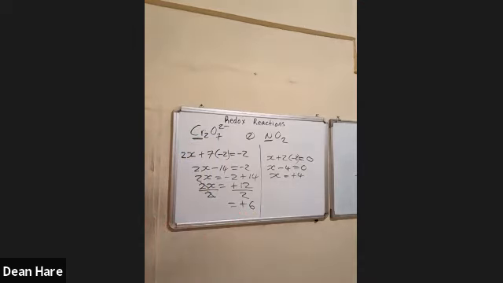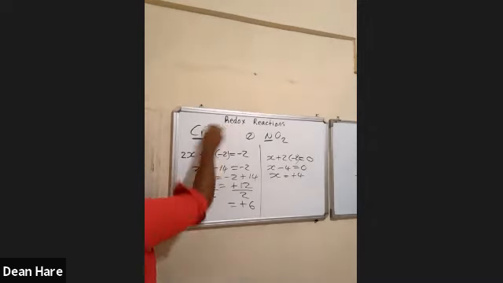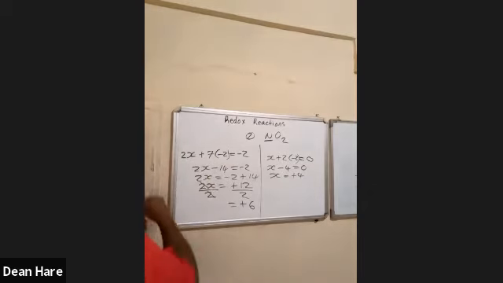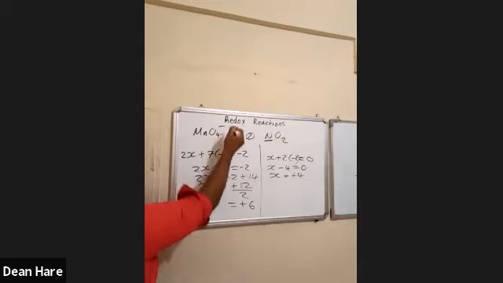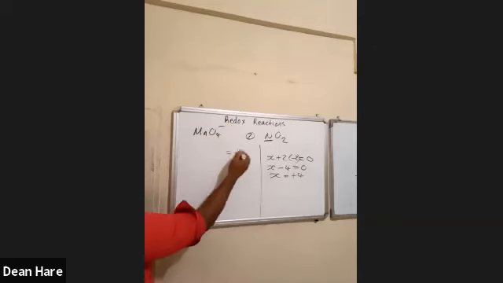And the final one, which one did I erase? Yeah, MnO4 minus. So the final one is MnO4 minus. So again, it's -1.